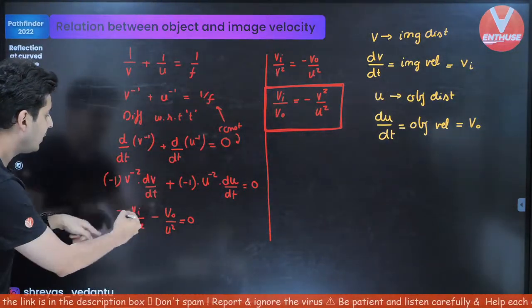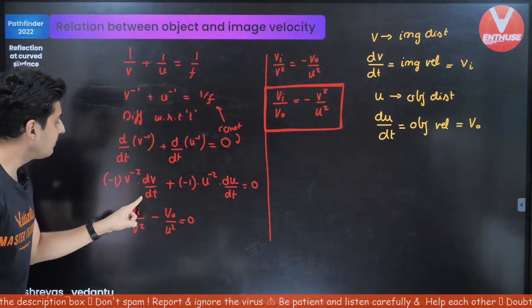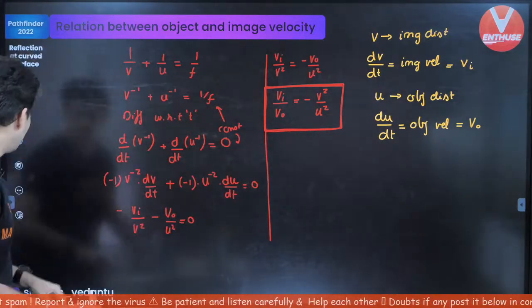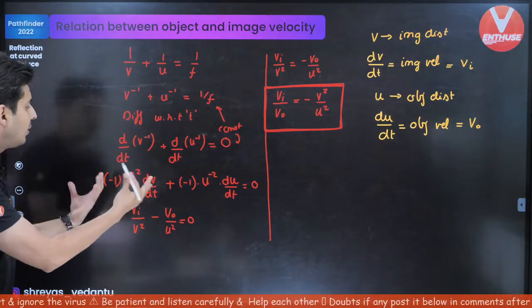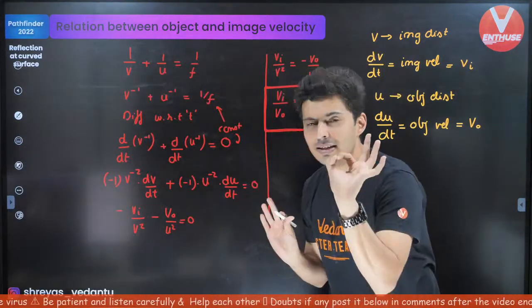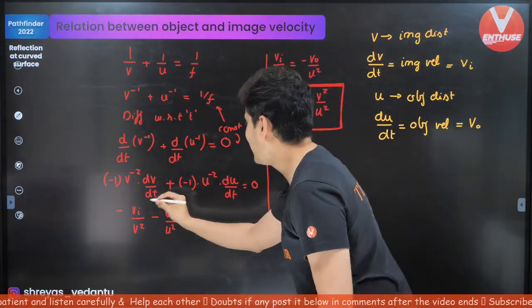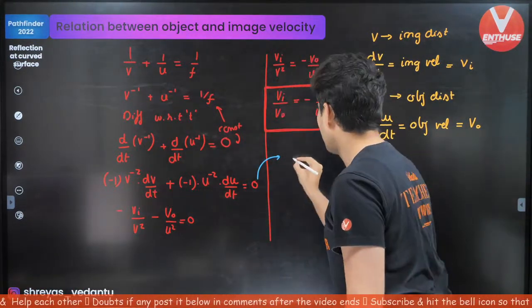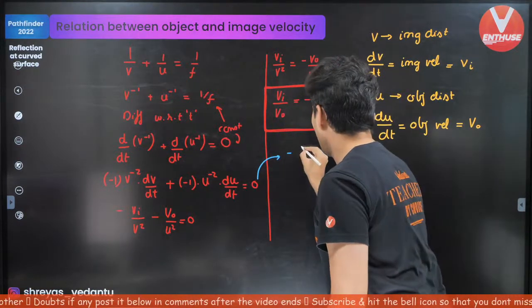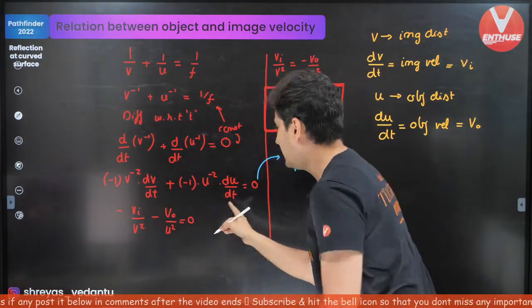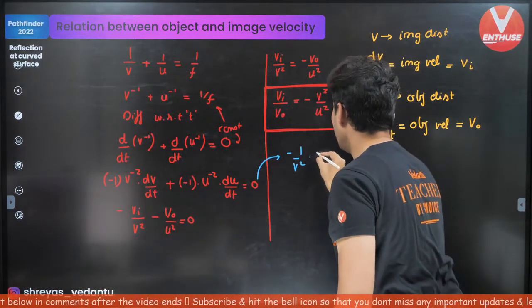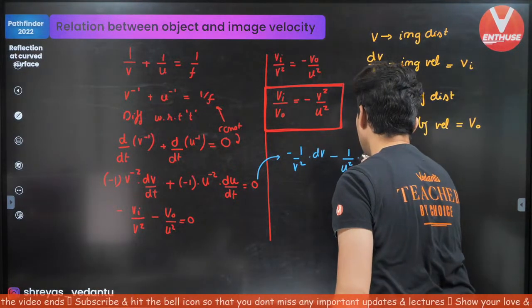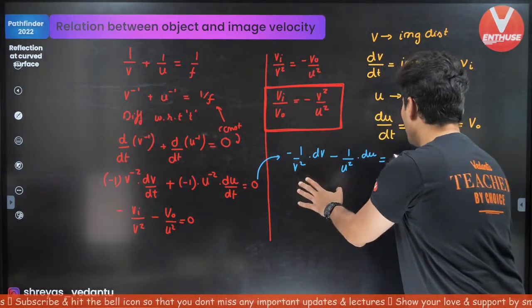Now, instead of writing dv by dt as image velocity and du by dt as object velocity, if I had played around with it a little differently, I'll tell you how. Forget that dt, because dt will cancel. Minus 1 by v square into dv minus 1 by u square into du is equal to 0.